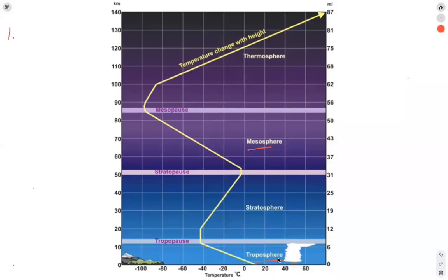But what's happening in the stratosphere and thermosphere? It's getting warmer. Yes. So they vary. The troposphere is getting cooler, stratosphere warmer, mesosphere cooler, thermosphere warmer.